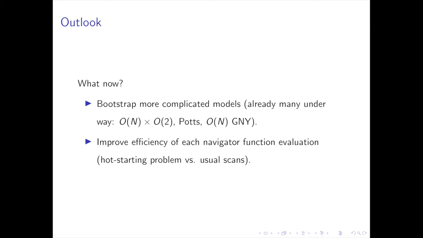But this doesn't work very well with the navigator function, and so there's still some improvements to be made to have it be competitive with the scanning-based methods, especially at very high precision. And okay, that's all I wanted to say.